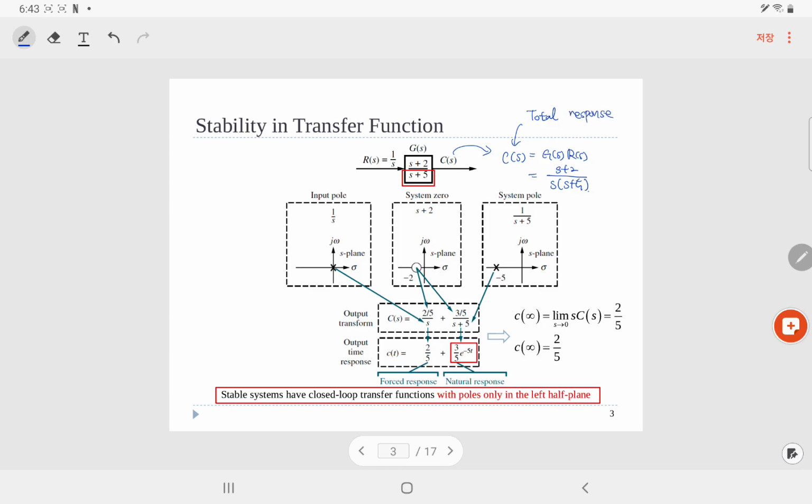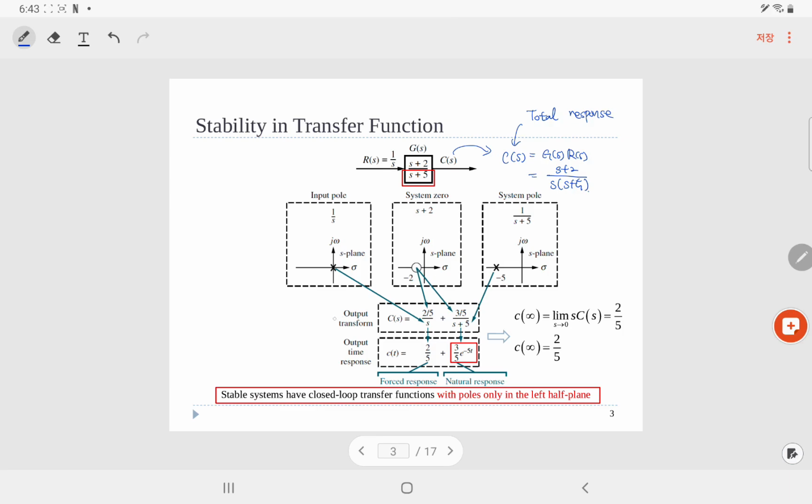This is the total response, and this C of S can be rewritten in this form. This term is divided into two terms like this. From this equation, we can see that the denominator of the first term is caused by the input poles, and on the other hand, the denominator of the second term comes from the system poles.